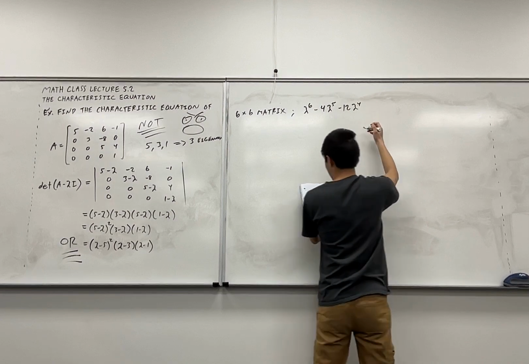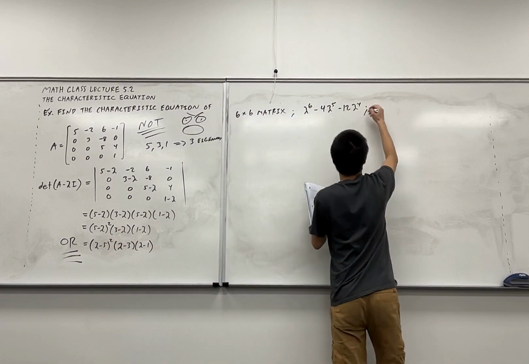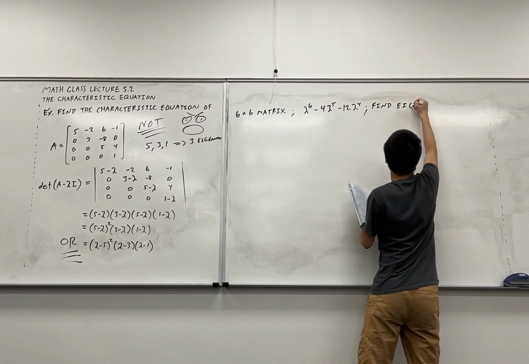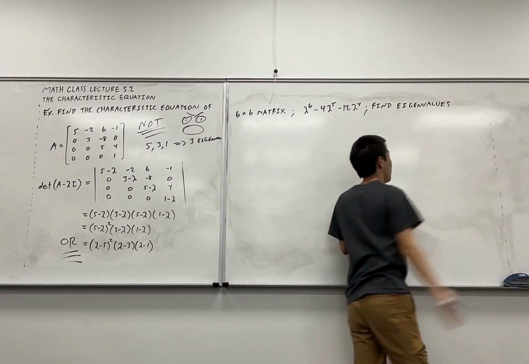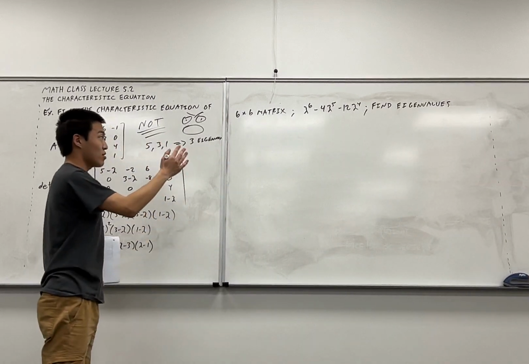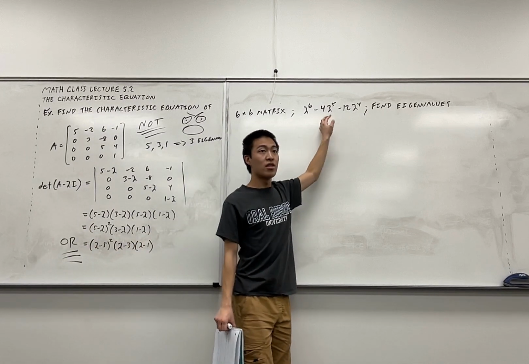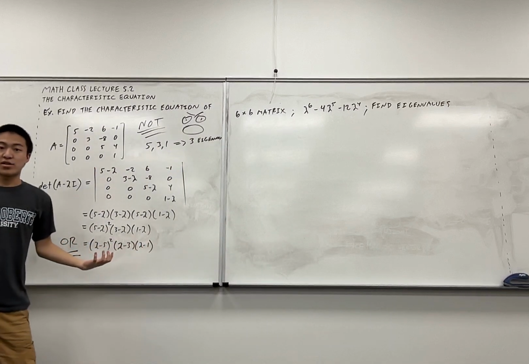If I want to find the eigenvalues, and also obviously their multiplicities, well, let's do that. What this is trying to get you to do is recognize that all of your skill with manipulating and factoring polynomials is still applicable here to characteristic equation stuff.